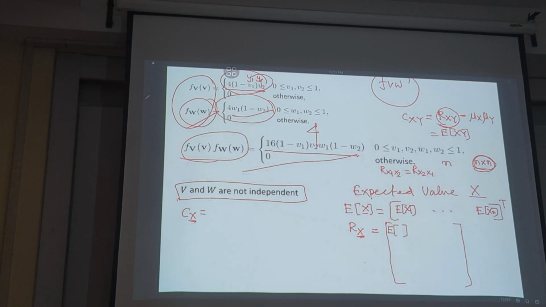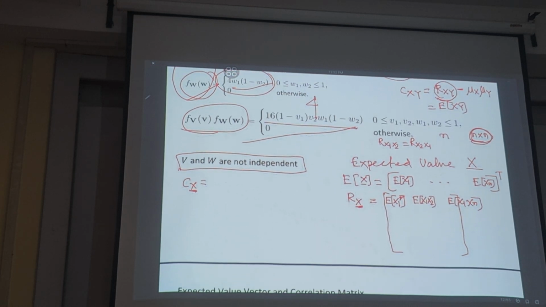It is the correlation of x1 with x1. Can I write this one? Then the second entry. The second entry is what? Last one? Right? And this one is?